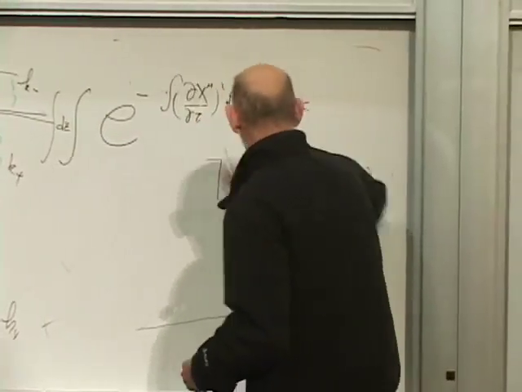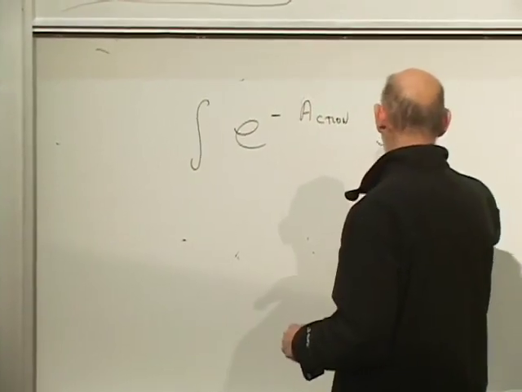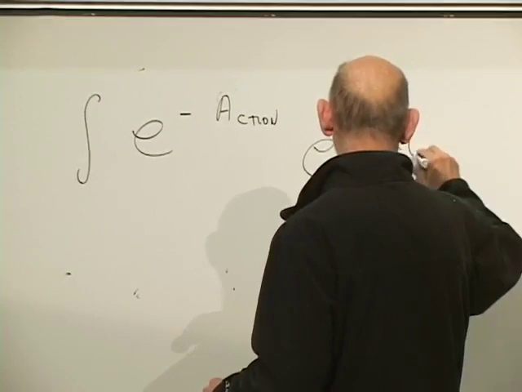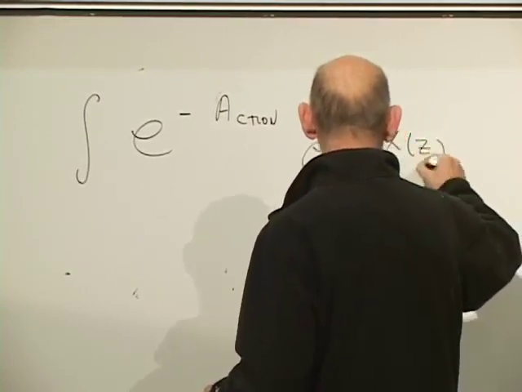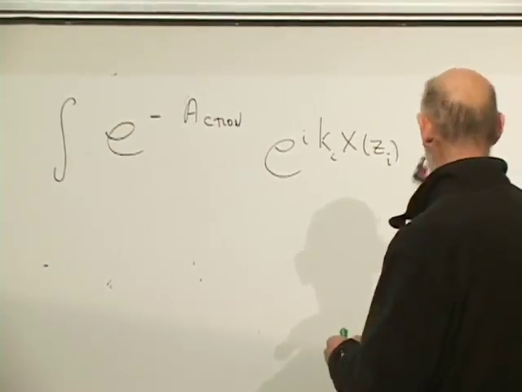This is the action, times for each external particle, a factor e to the i k x of z_i, a factor for each one.